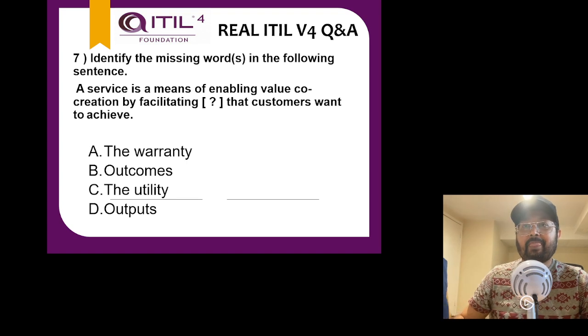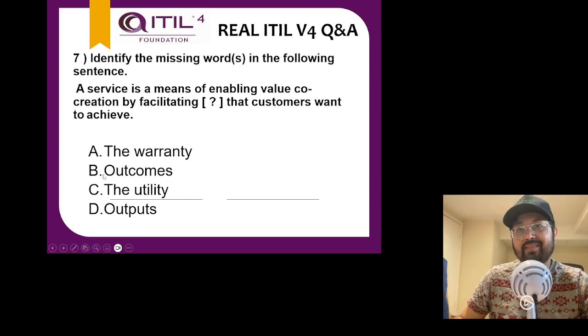The first option is warranty. This is not warranty. B is outcomes. C is utility. Obviously this is not utility. And D is output. Output is not the answer. I'm pretty sure you can remember the definition of service, and this is outcomes. So yeah, this is outcome.